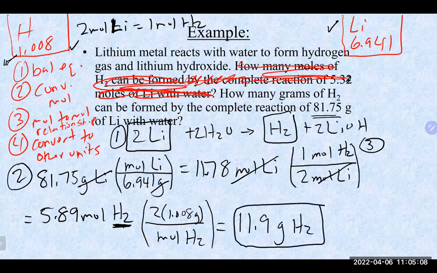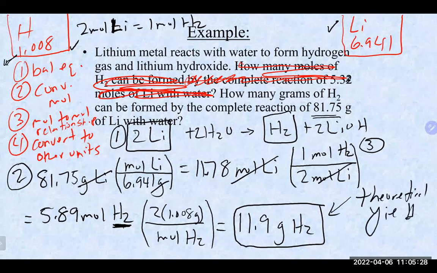So again, what that number means is if we tossed into this reaction our 81.75 grams of lithium, and everything went perfect, in theory, we should produce 11.9 grams of hydrogen gas. And again, this is what is referred to as the theoretical yield. And again, that is step number 4 here.